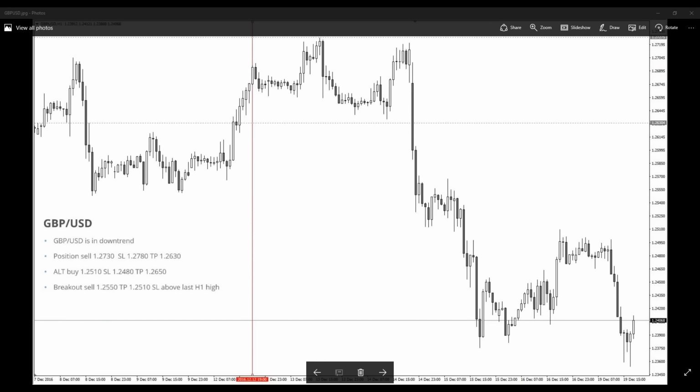Pound Dollar here, guys. See, 7 o'clock. We had a sell position. This is it, 27 or 27.30. You can see it here. And this was effectively when Pound Dollar was shorted.